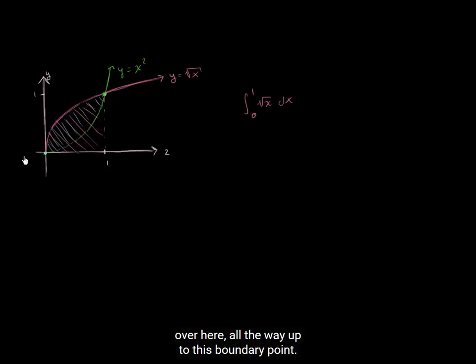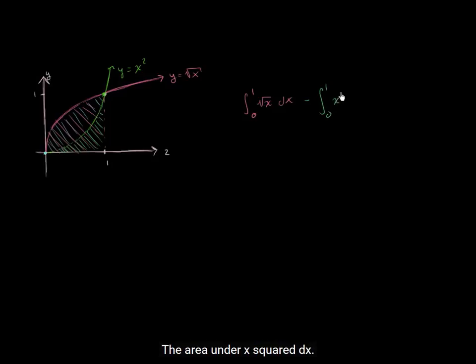And then from that, subtract out this region, the area underneath y is equal to x squared but above the x-axis. So from that, we could subtract from 0 to 1, that's the interval we care about, the area under x squared, dx. And this would be completely legitimate.